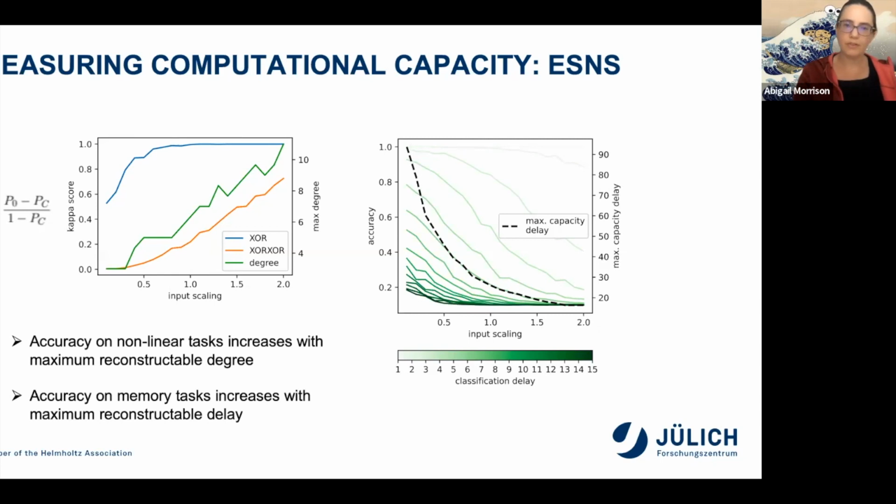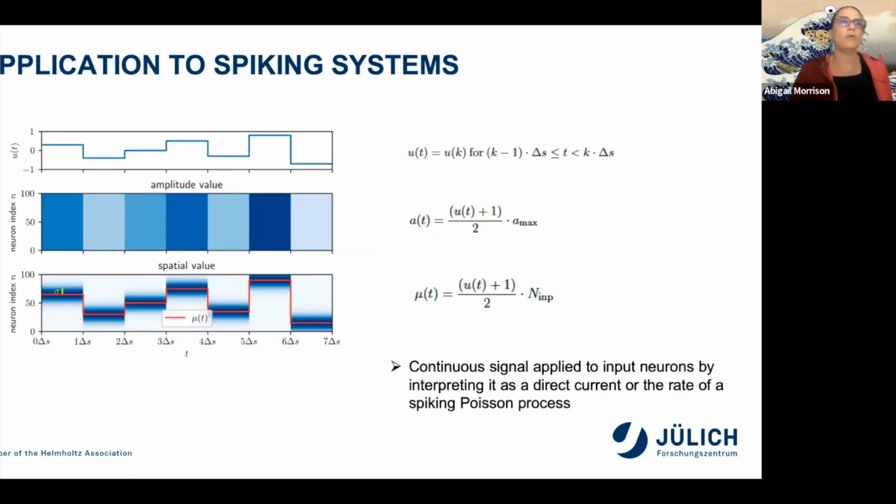What we then wanted to do was extend this nice technique to spiking neural networks. So first of all, we take this input signal, which is a discrete signal, and we spread it out into the corresponding step function, and then we can convert it into a continuous signal to use for the spiking neural networks.